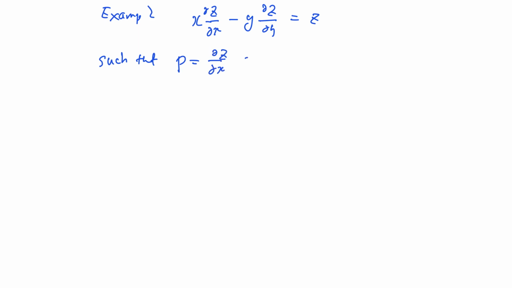Slightly different: x partial z partial x minus y partial z partial y is equal to z, such that p, which is partial z partial x, is 3q, partial z partial y, at x equal to 2.